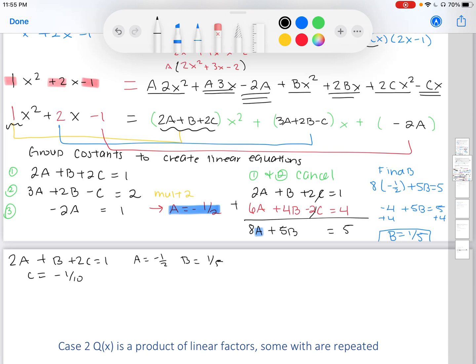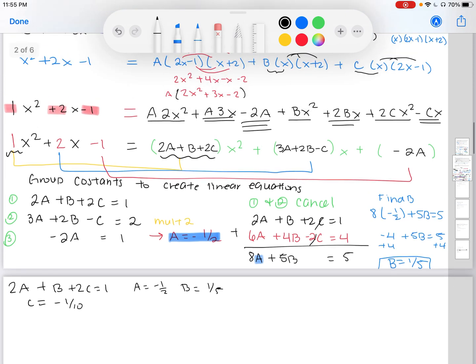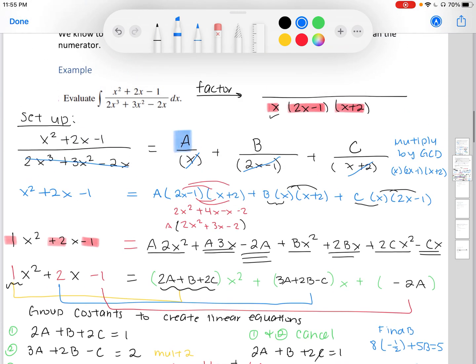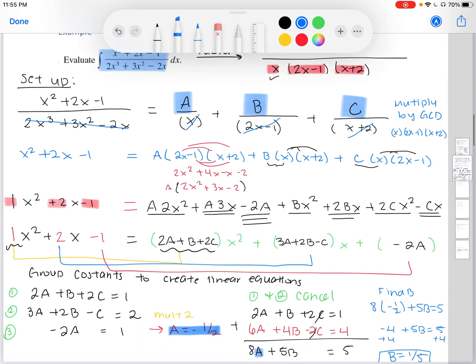So with that said, we have now found this A, this B, the C are the constants that we have in our equation. So we have now managed to break down this initial fraction to something that's a bit easier to integrate.